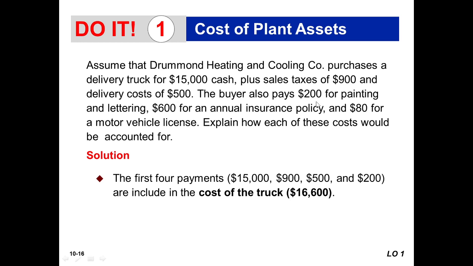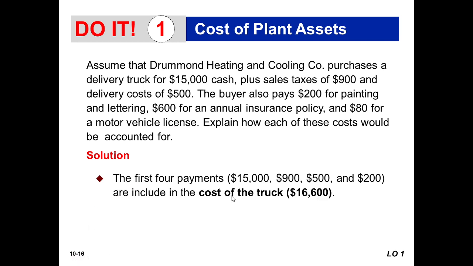The buyer also pays $200 for painting and lettering, $600 for an annual insurance policy, and $80 for a motor vehicle license. Explain how each of these costs would be accounted for. The solution: the first four payments are included in the cost of the truck. That means the total cost will be $16,600.